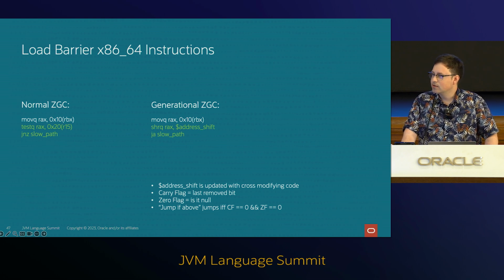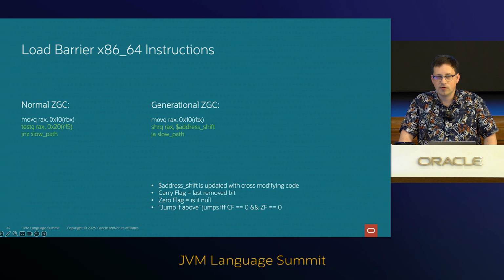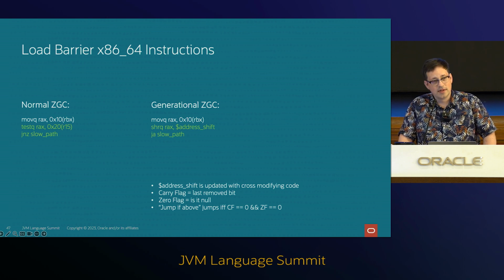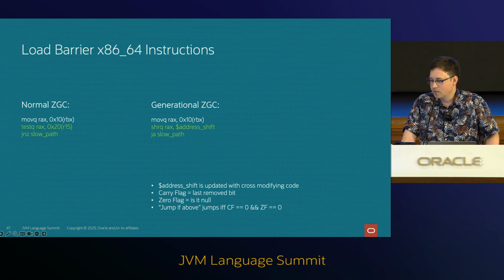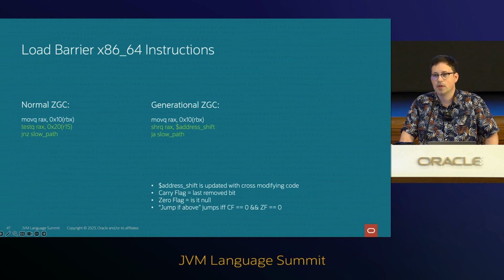So it turns out that we have some interesting side effects in the shift instruction. The carry flag is set to the last bit that we removed, which, remember, if it was a good pointer, should be a 1. And if it's null, it should be that the zero flag is set. So this is the very definition of the jump if above instruction, that we will take the slow path if the carry flag is 0 and the zero flag is 0.